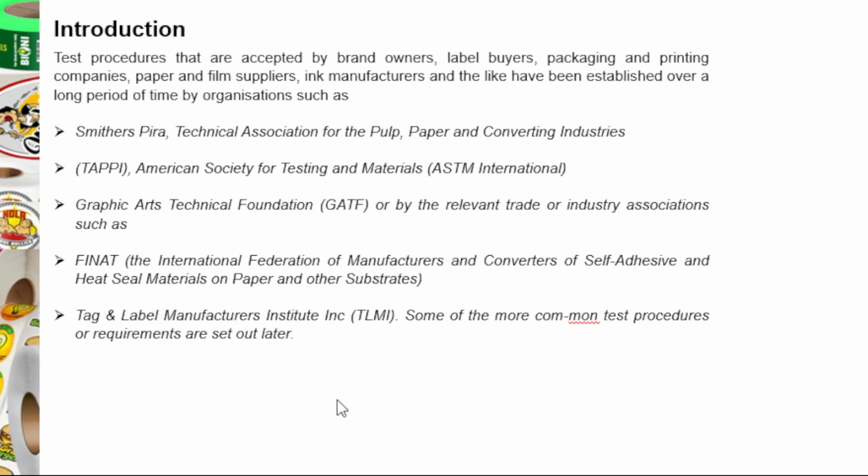suppliers, ink manufacturers, and the like have been established over a long period of time by organizations such as Pira, Technical Association for the Pulp, Paper and Converting Industries (TAPPI), American Society for Testing and Materials (ASTM International), Graphic Arts Technical Foundation (GATF), or by the relevant trade or industry associations such as FINAT, the International Federation of Manufacturers and Converters of Self-adhesive and Heat Seal Materials on Paper and other substrates.